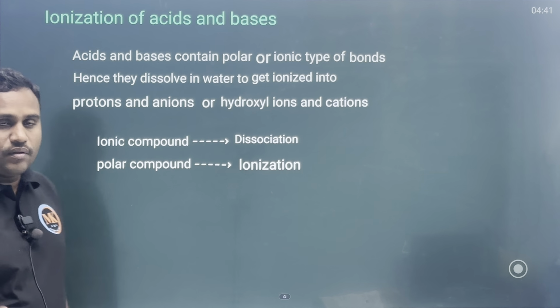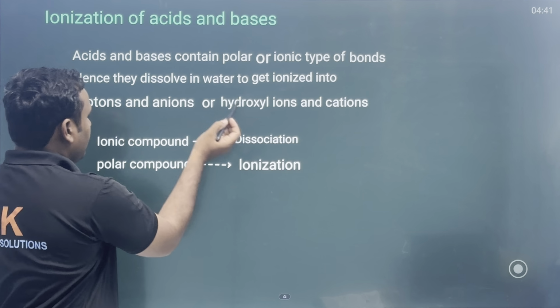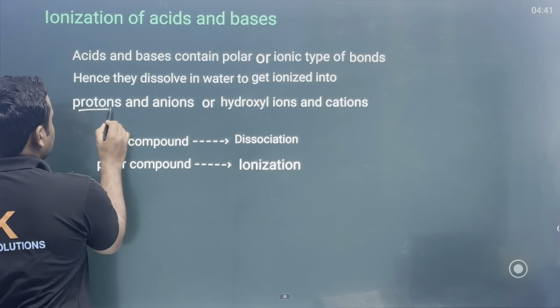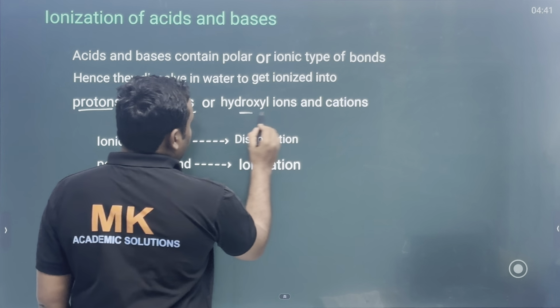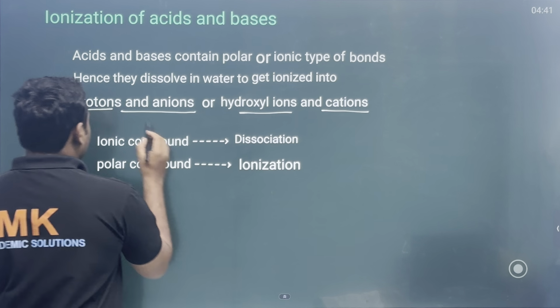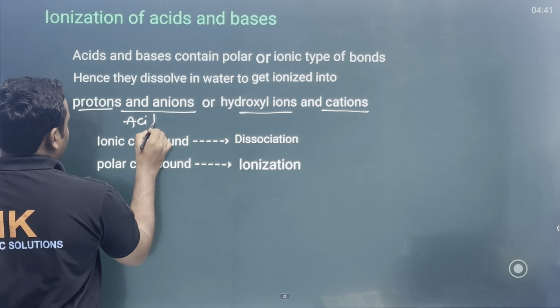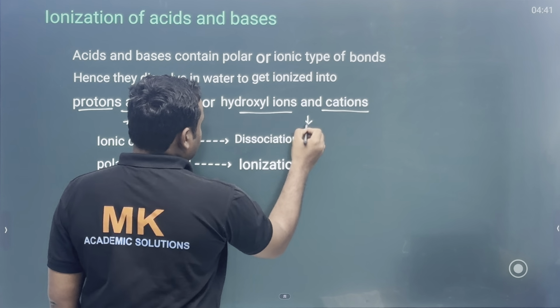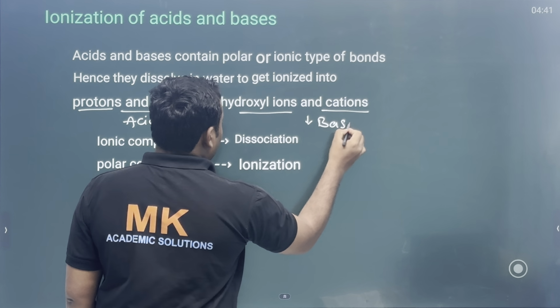Hence when they dissolve in water, they get ionized into protons and anions, or hydroxyl ions and cations. Protons and anions in case of acid. In case of base, we can take hydroxyl ions and cations.